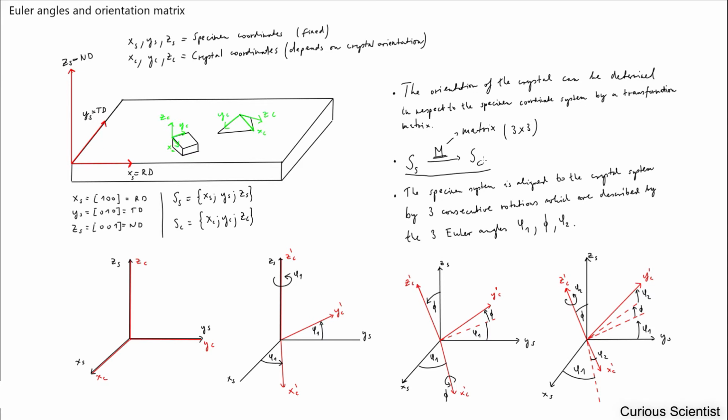So if we use these three consecutive rotations, they are described by these so-called Euler angles. So these are here, phi 1, capital Phi, and phi 2. And in the bottom we can see it.